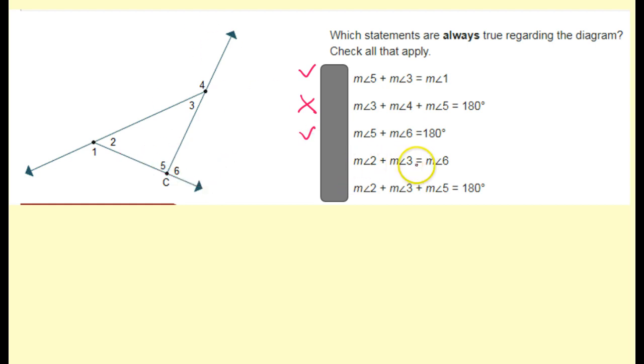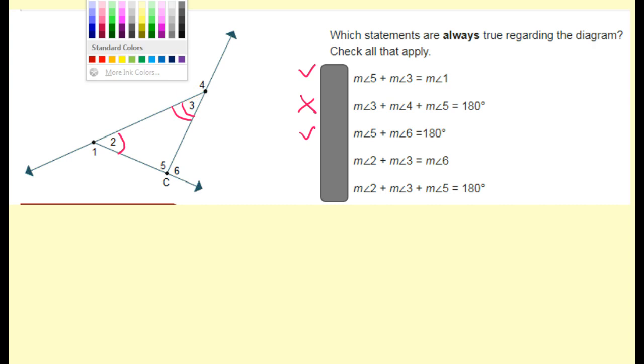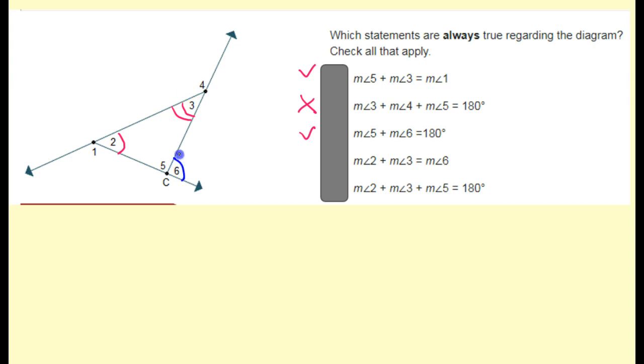Angle 2 plus angle 3 equals angle 6. Okay, so we have angle 2 and we have angle 3 and then we have angle 6. Once again, we have two interior angles, and then we have a remote exterior angle. So the sum of the two interior angles should always equal the remote exterior angle. So this should always be true.